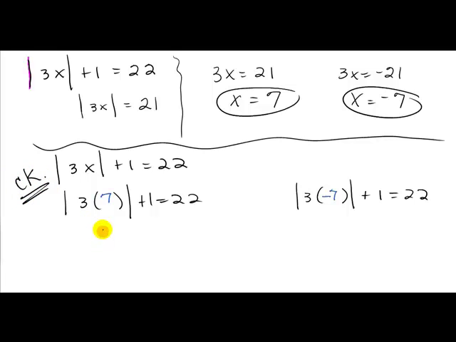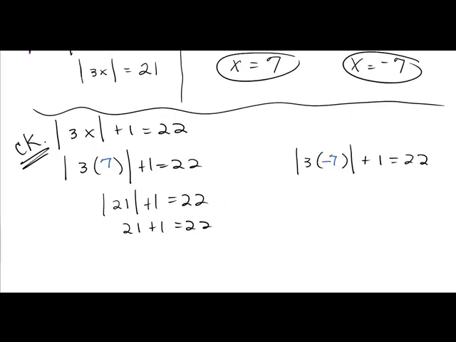So here we are checking. So I have the absolute value of 21 plus 1. The absolute value of 21 is 21. And these match. So then I know that +7 is correct.